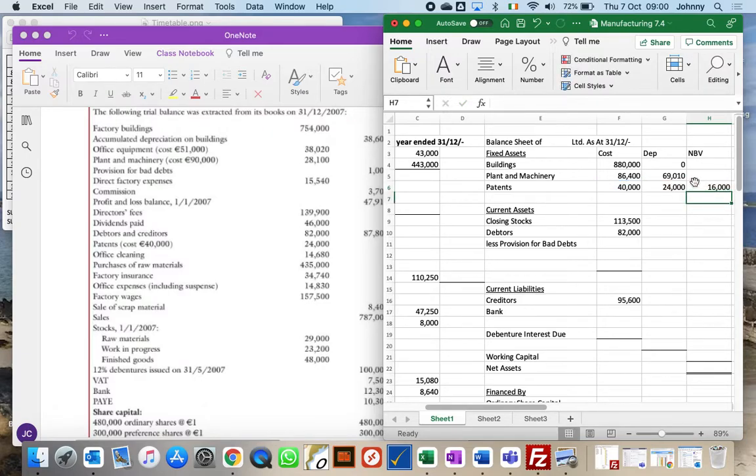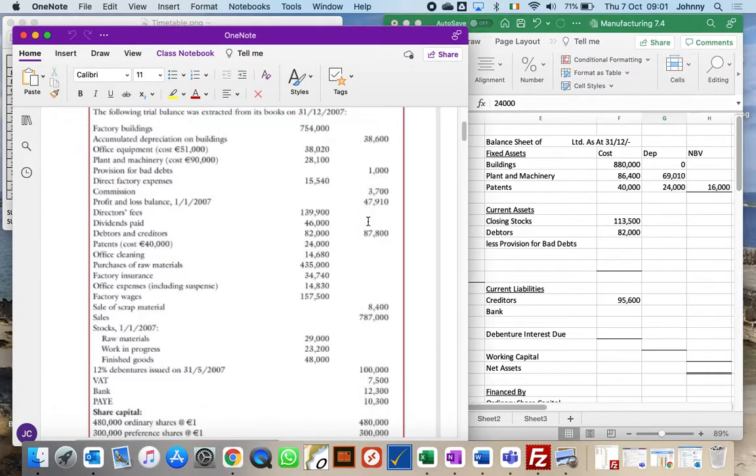Is it okay with that? Josh? Okay, so the figure for patents is 40 grand. Their net book value is 24. So 8 grand a year has been taken off for 2 years. We would have had 16 grand before, and we're adding another 8 grand in from this year. So that's why the net book value is now 16.